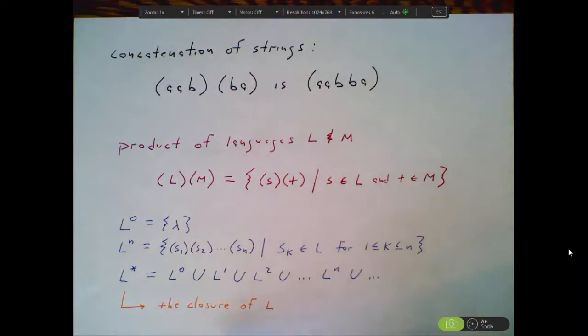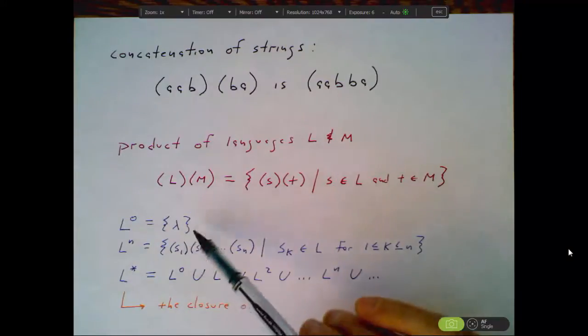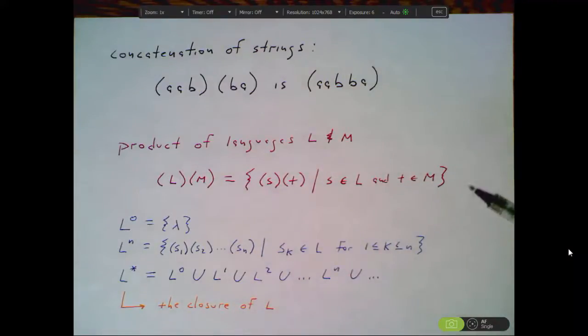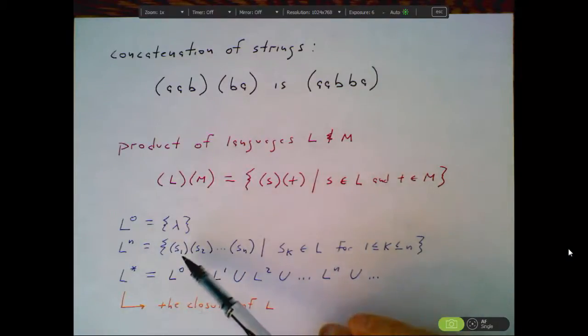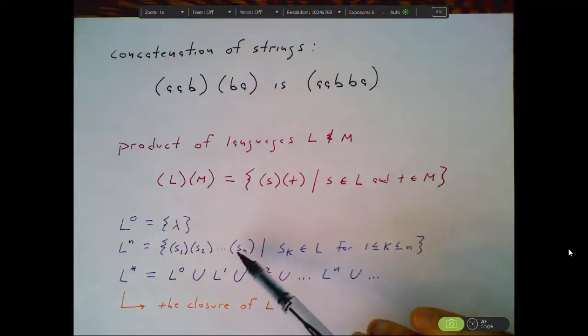And we could think about the product of a language with itself, starting off with, if I concatenate 0 times, then the result is simply the set containing the empty string. There's nothing to concatenate in essence, so I end up with just the empty string. Or I can talk about concatenation being done n times, where it's a string chosen from the language L concatenated with n-1 other strings chosen from the language L.